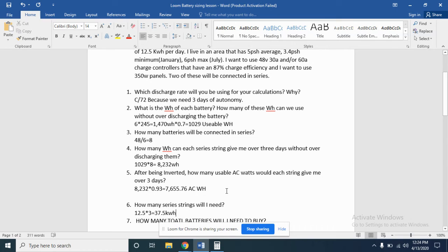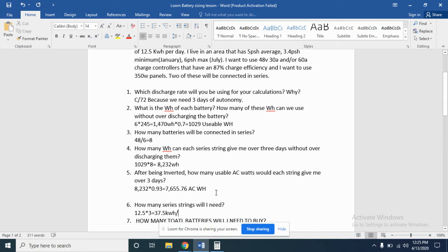Now, this number right here, I can then divide by the amount of power that one series string will provide me. So this is where the math that I've already done comes in.